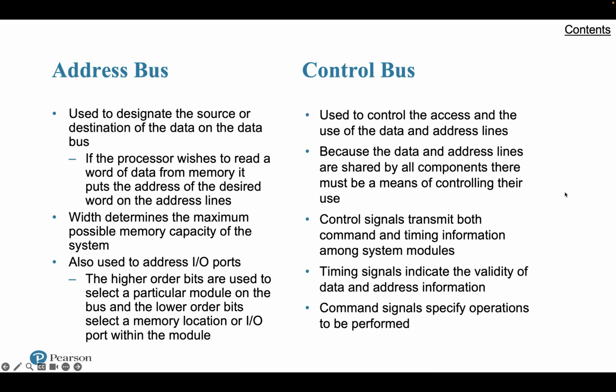Because the data and address lines are shared by all components, there must be a means of controlling their use. Control signals transmit both commands and timing information among system modules. Timing signals indicate the validity of data and address information. Command signals specify operations to be performed. So we see a couple other types of buses here that are part of the computing architecture.